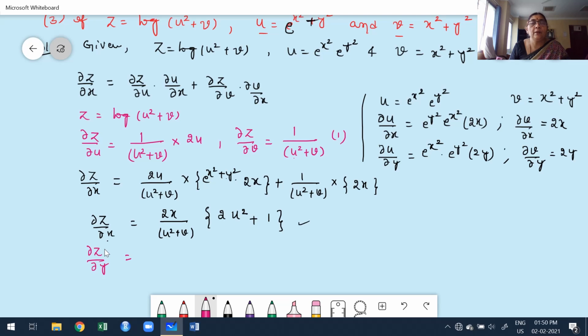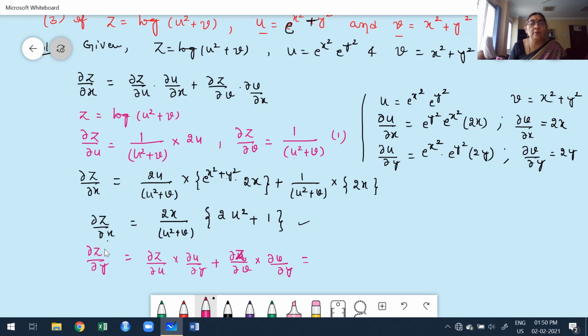Dou z by dou y is nothing but, z is a function of u and v. Dou z by dou u into dou u by dou y plus, it's also a function of v, dou z by dou v into dou v by dou y. Okay. What is my dou z by dou u?